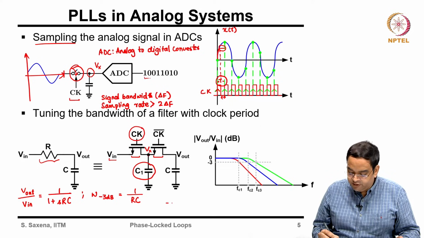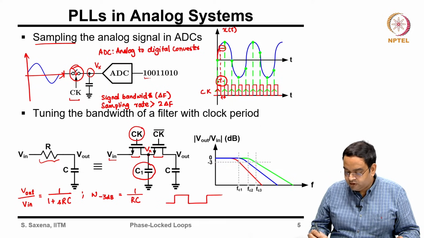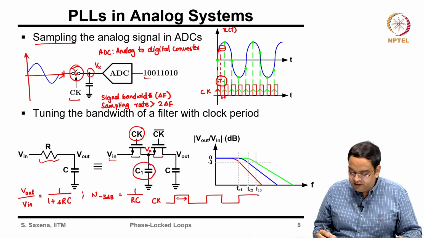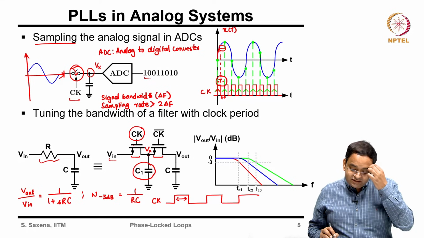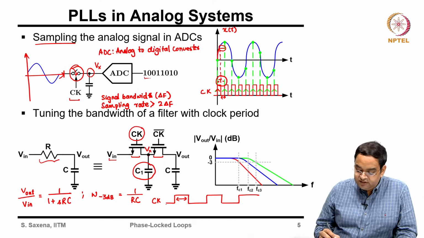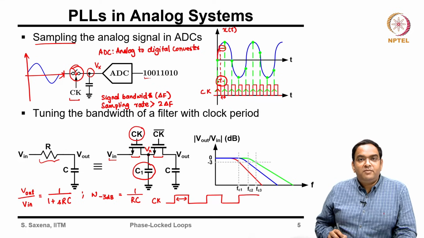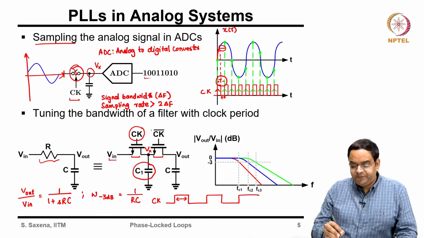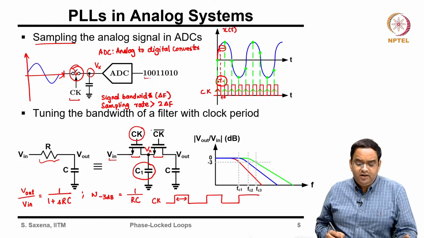Let me first tell you what is this clock high and clock low. So, you have a clock Ck. When clock is high, I am talking about this period. If you understand the MOS switches, you will know when the Ck voltage is high the MOS will be turned on, and when Ck voltage is low the MOS is turned off.